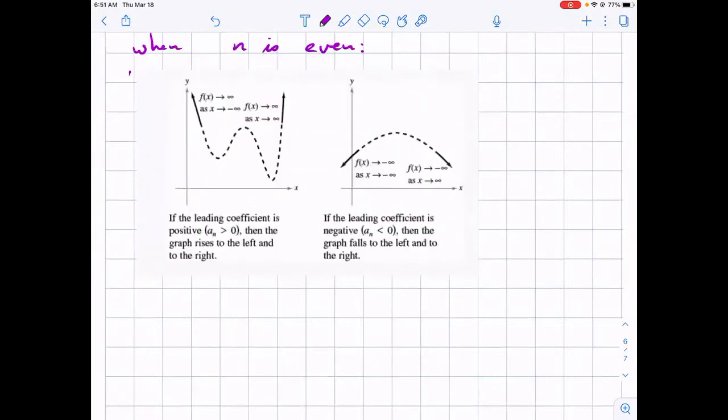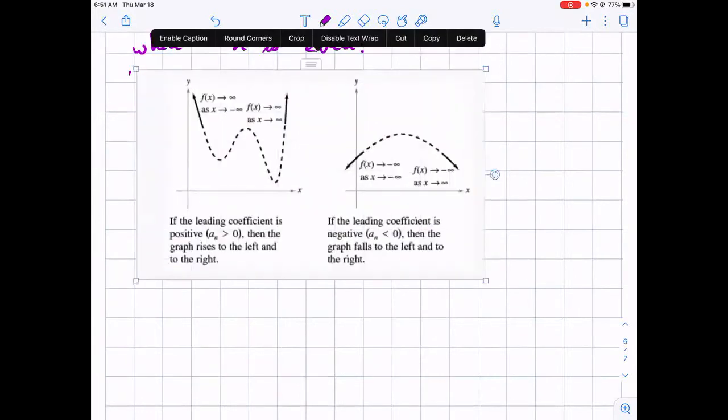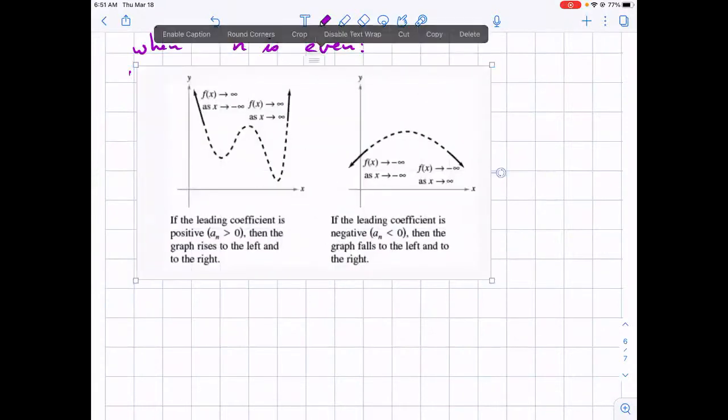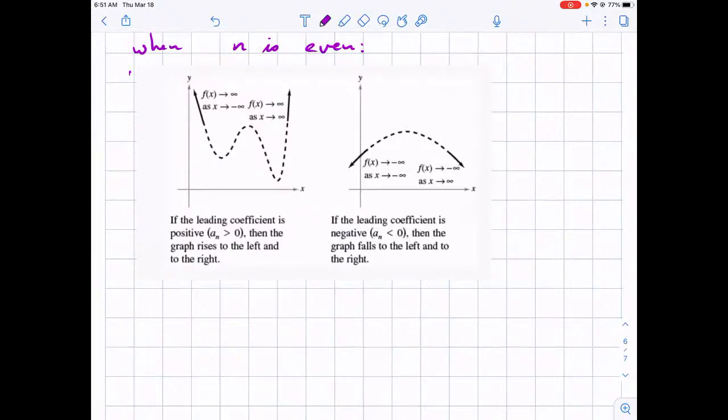So here again we have two pictures. And notice that when n is even and the leading coefficient is positive, the graph rises to the left and to the right.